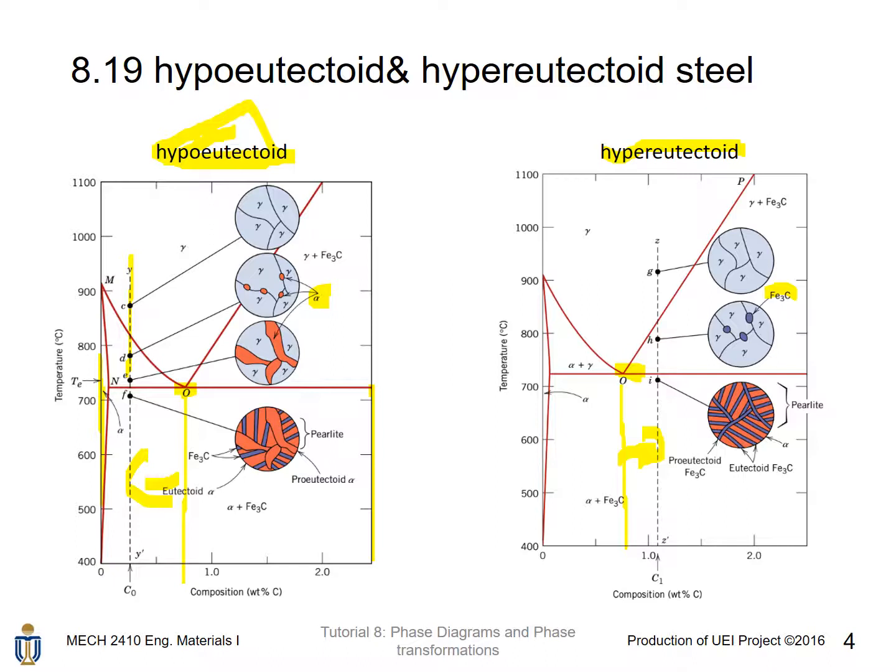In terms of the wordings, eutectoid alpha means the alpha phase formed at the eutectoid temperature, and pro-eutectoid alpha means the pro-eutectoid phase formed before the eutectoid temperature, which is this line, and also this line. And yes, eutectoid and pro-eutectoid are defined in similar ways.